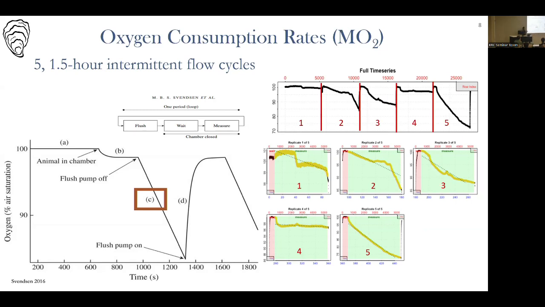Now, one of the good things about these repeated measures is you can understand that variability, why these curves look different. However, it was also a challenge of this experimental design because, as we're hypothesizing and trying to prove from those oyster videos, this was a time when the oyster decided not to open. If the oyster doesn't open, then it doesn't breathe.